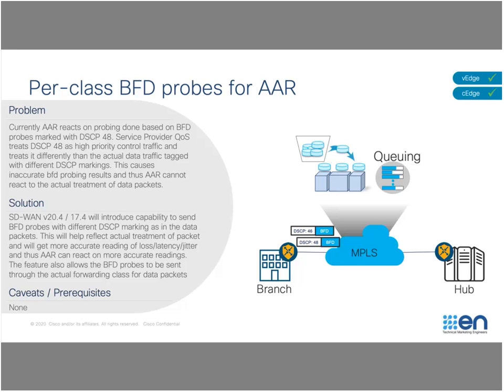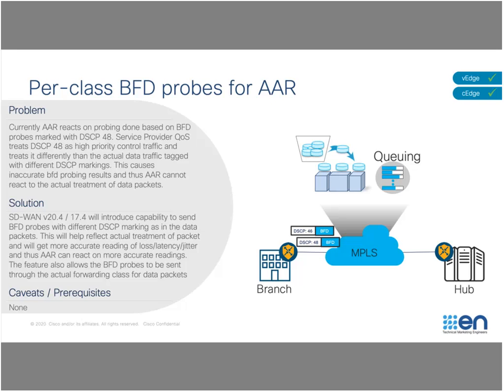So if you think about it, if your service provider has a dedicated voice queue where he's providing low latency queuing and preferential treatment to all traffic that's marked with DSCP 46, but yet we're sending BFD probing traffic marked with DSCP 48, unfortunately, we're never going to get a true reading or a true sense of how that DSCP 46 queue is performing because our traffic is never going to be delivered to that queue.